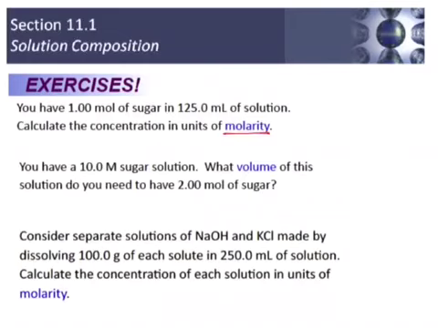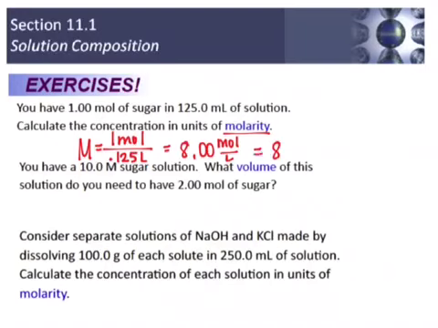So molarity is equal to 1 mole divided by 0.125 liters, which is 8.0 moles per liter, or if you don't want to put moles per liter, you could say 8.0 big M.